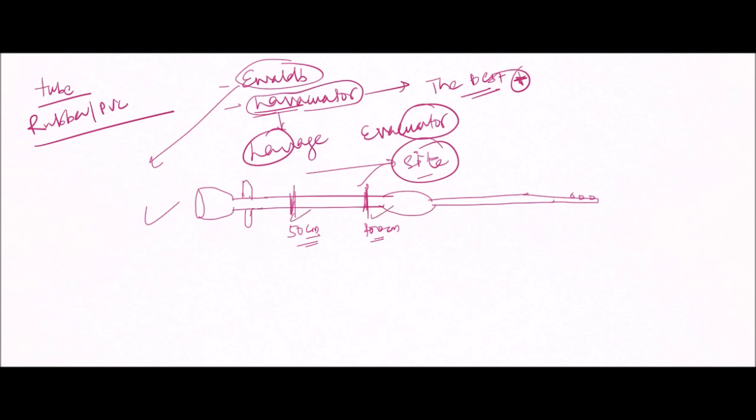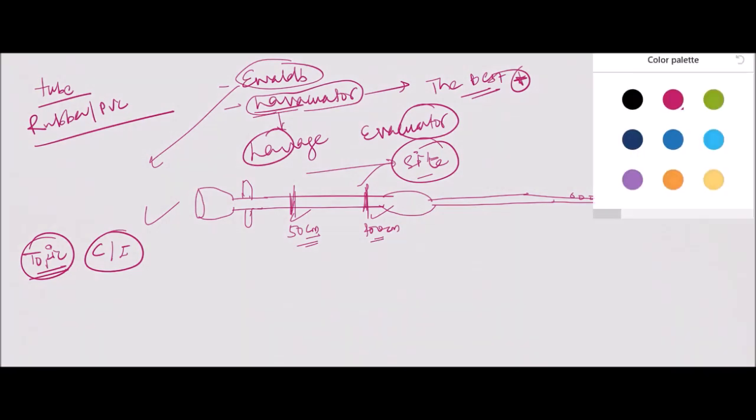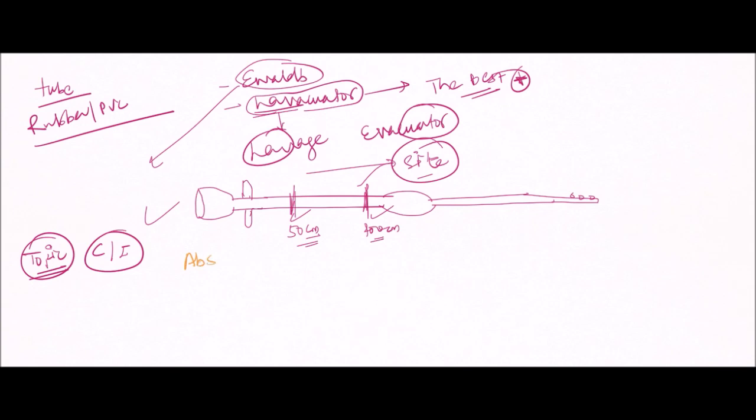Now the important question asked in various PG entrance as well as UG examinations is the contraindications, that gastric lavage is contraindicated in certain conditions. First of all, the absolute contraindication is corrosive poisoning.